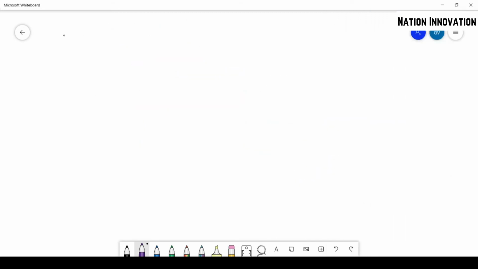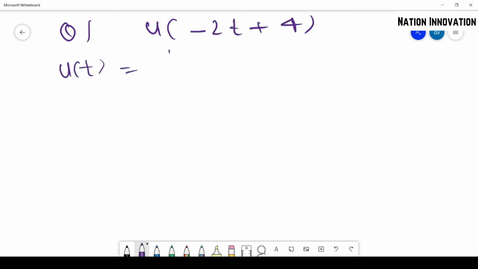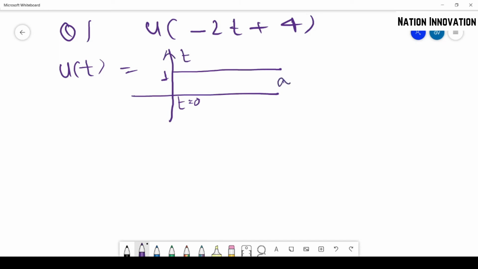Now let's perform one operation to understand this. Let's take a question as u of minus 2t plus 4. Initially we will define u of t first: this is t equal to 0, this is 1, and this is t, all going up to infinity.